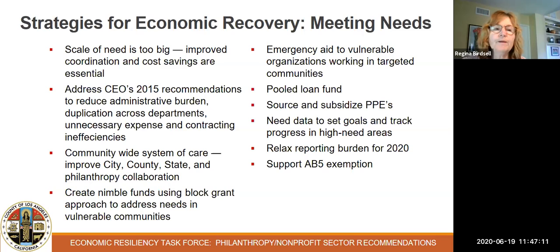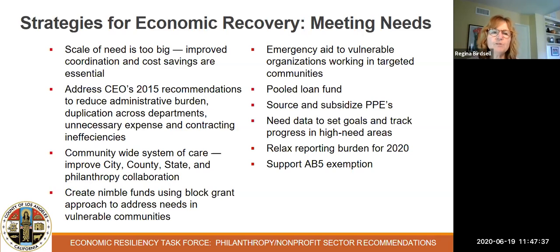Some of you may know that in 2015, there was a huge push to talk about real costs and how to reduce the administrative burden, both on the county, because they also spend a lot of staff time on the administrative oversight of our contracts, but that we do too. So the idea of unnecessary expense and contracting inefficiencies.